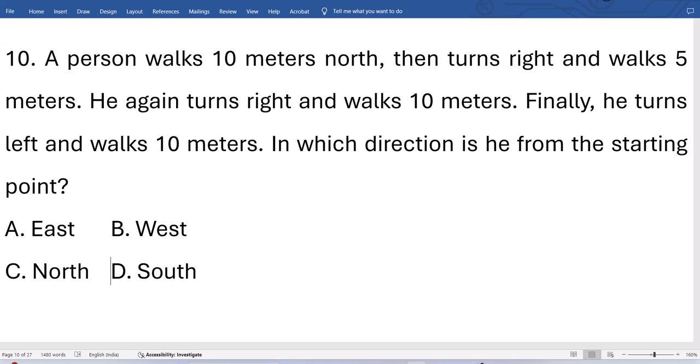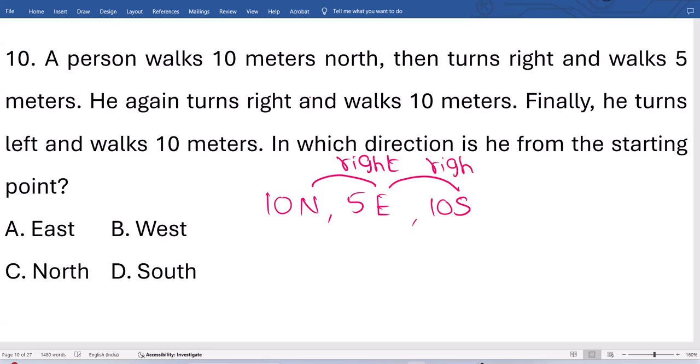One way is solving using a diagram, but I don't do that generally. Initially 10 meters north. Turning right will go to east, 5 meters east. Right means clockwise. Then again right, 10 meters, from east it means south. Then again you turn left, left means you have to come to east.